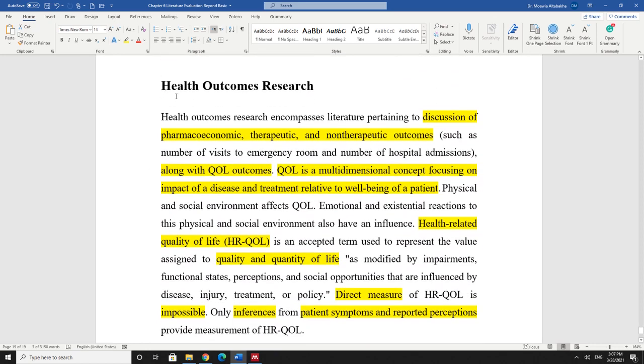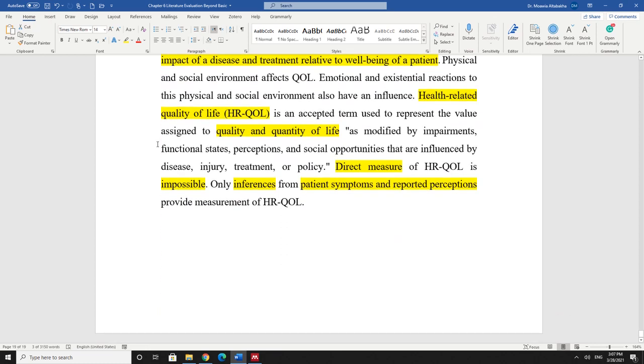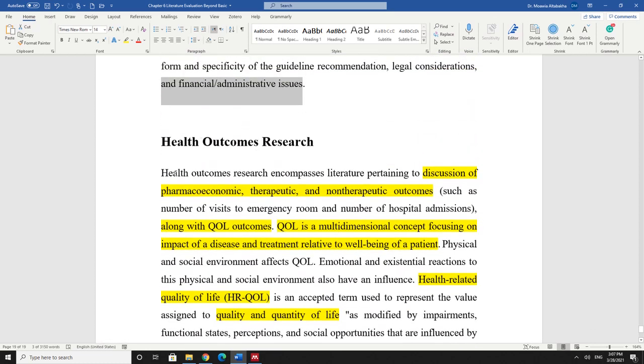Okay, the last thing we want to talk about is health outcomes research. This is a very important topic. It's kind of broad. It involves the discussion or the study of pharmacoeconomic, therapeutic, and non-therapeutic outcomes.